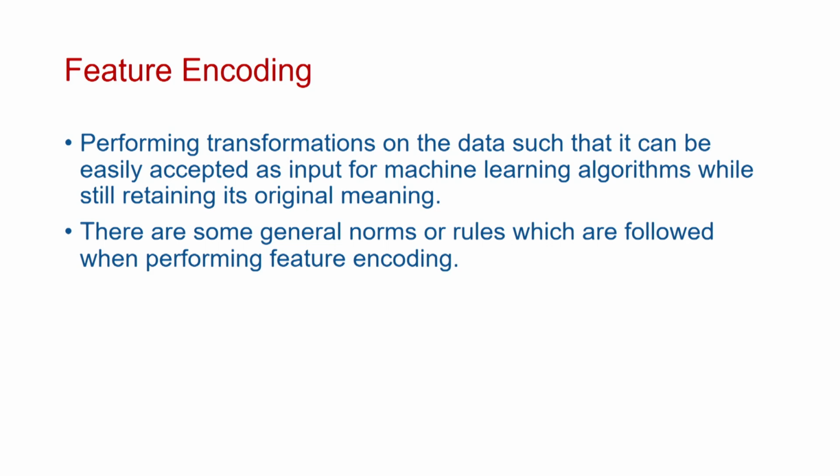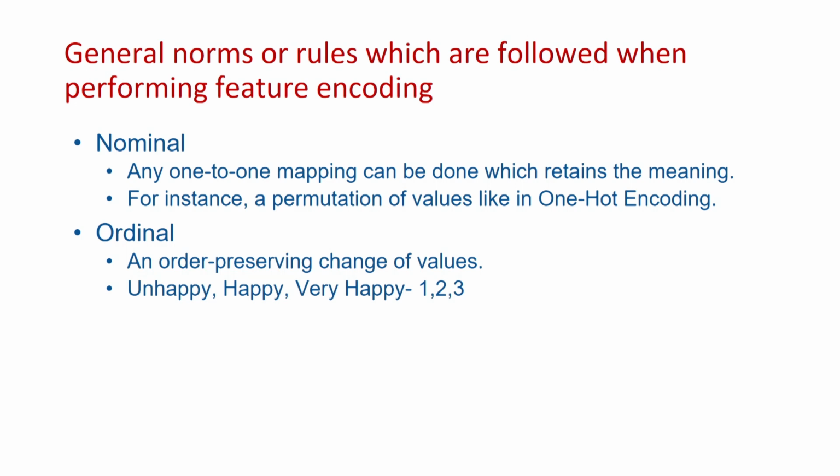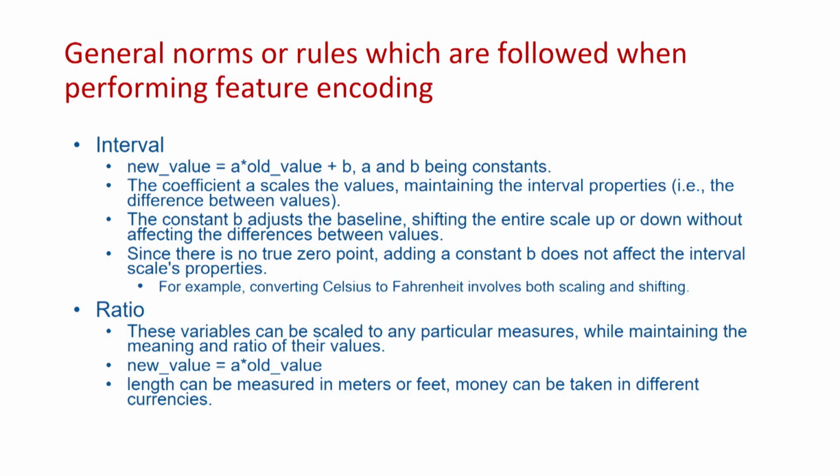Depending on the data type of the feature, there are different rules that we can use to encode it. For example, we have already seen that there may be features of four different types: nominal, ordinal, interval, or ratio.